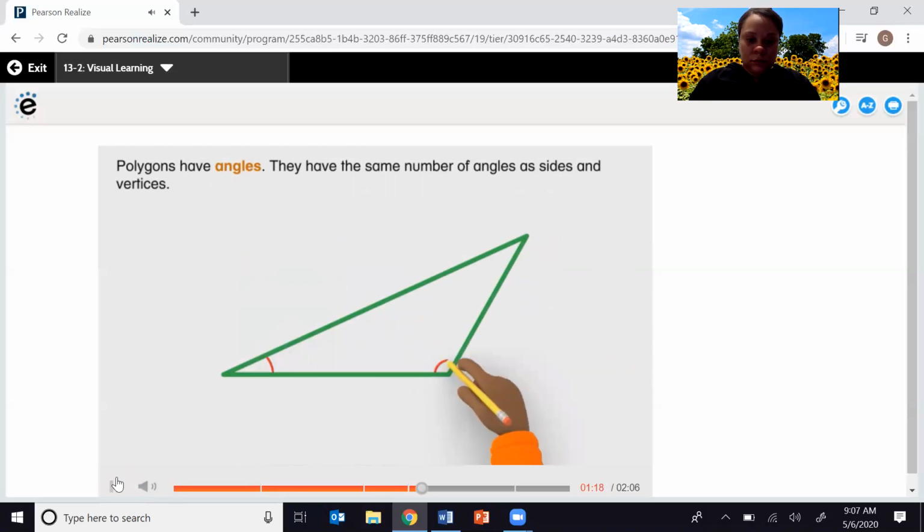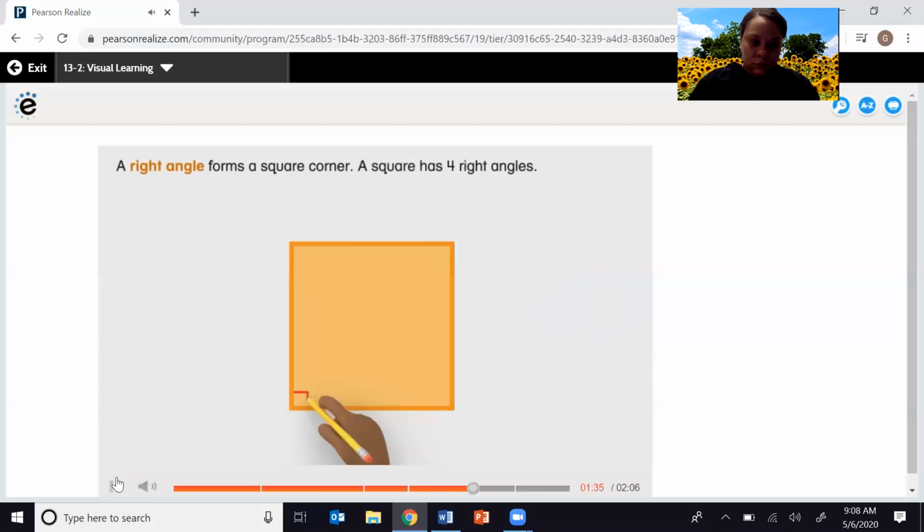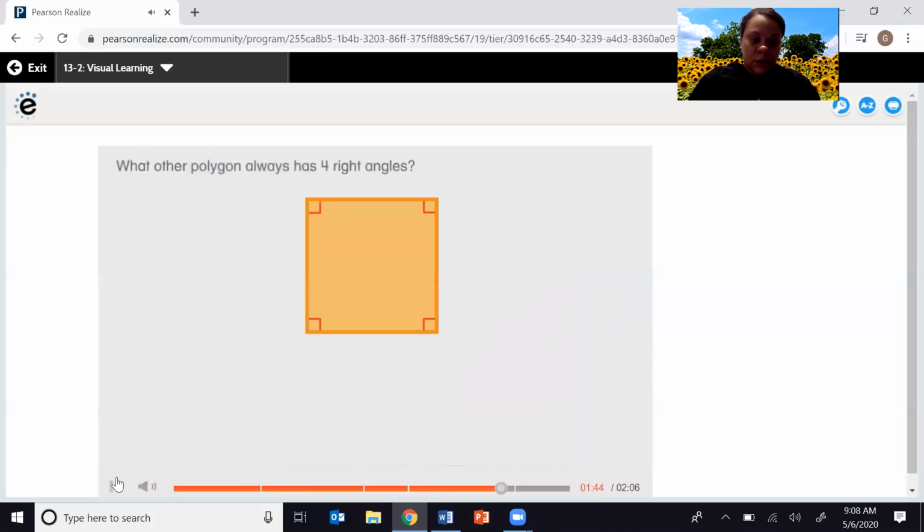Polygons have angles. They have the same number of angles as sides and vertices. A triangle has 3 angles. A right angle forms a square corner. A square has 4 right angles. So let me make this clear. Not all shapes will have right angles.